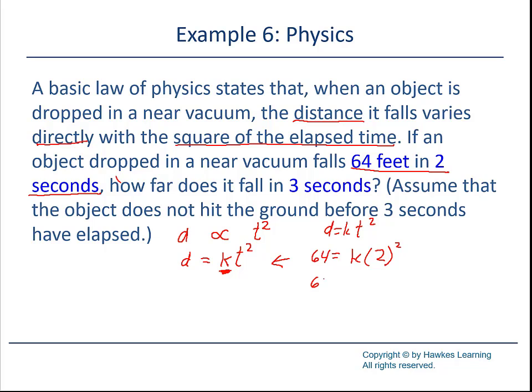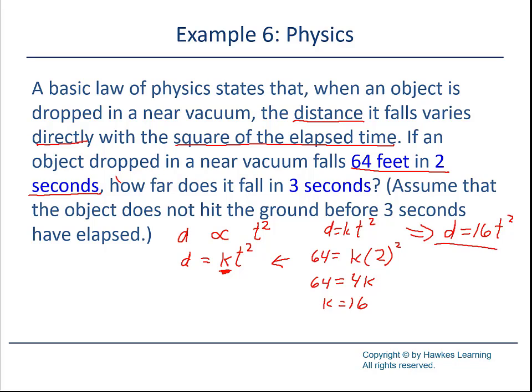So 64 equals 2 squared is 4, so it's 4k. So k equals 16. So our equation is d equals 16t squared.